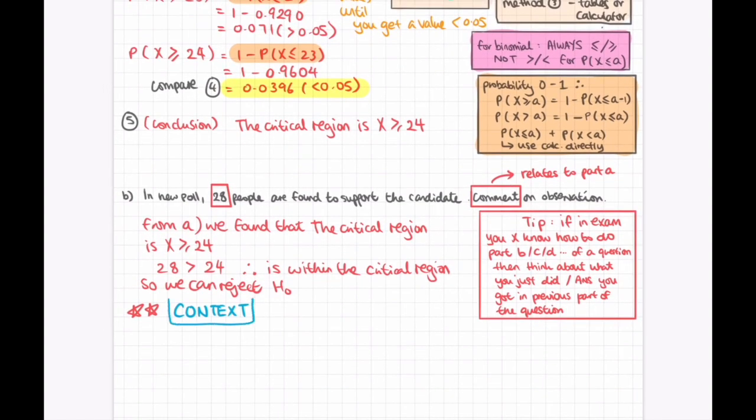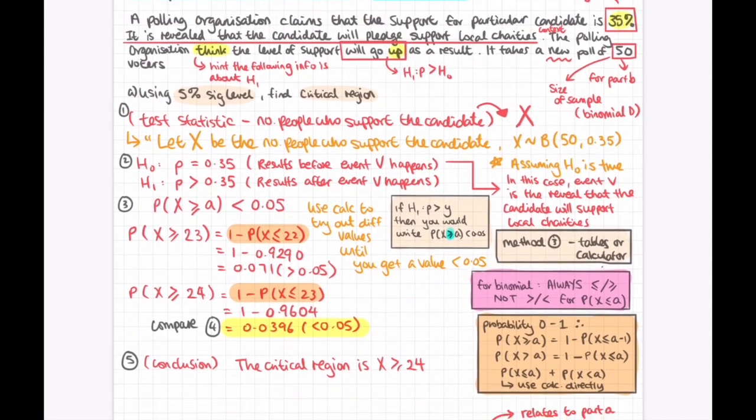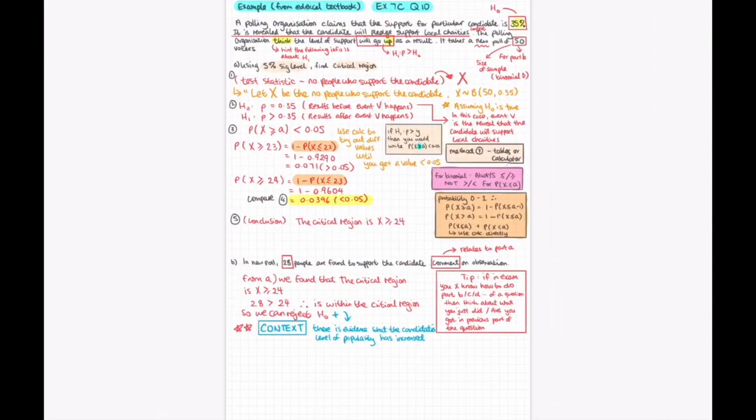So after saying that 28 is bigger than 24, therefore it is within the critical region, and we can reject H0, the null hypothesis, there is evidence that the candidate's level of popularity has increased. So the candidate is more popular because of saying that he is going to support local charities. So that is for one type of test.